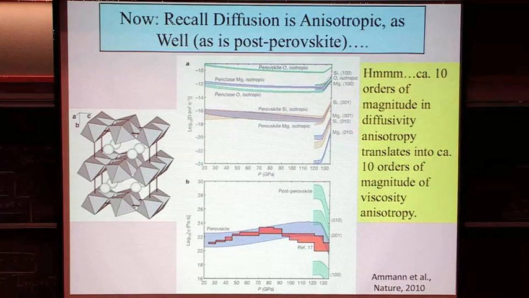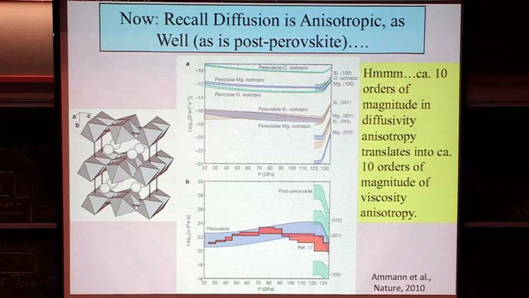And what you can see is that the magnesium diffusion rates and silicon diffusion rates in post-perovskite, silicon jumping from here to here, in this direction are extremely slow, 10 to the minus 20 meters squared per second, whereas in other directions, magnesium along the a-axis, which is more or less like this, is much faster.